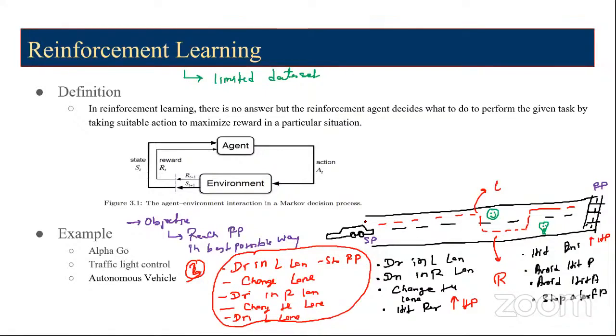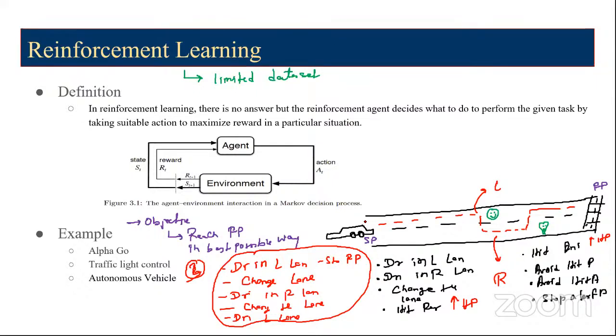That is why, if you have a scenario with a limited dataset, you try to simulate the environment. In that simulated environment, let the machine interact with the environment, and whatever actions the machine takes for a particular objective, after the end of an iteration you simply reward or penalize that action.